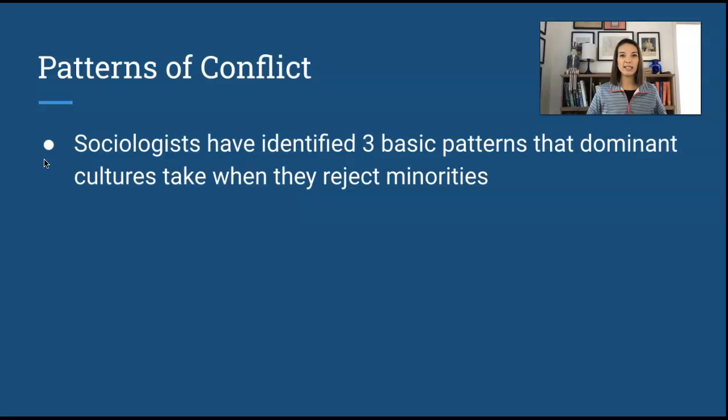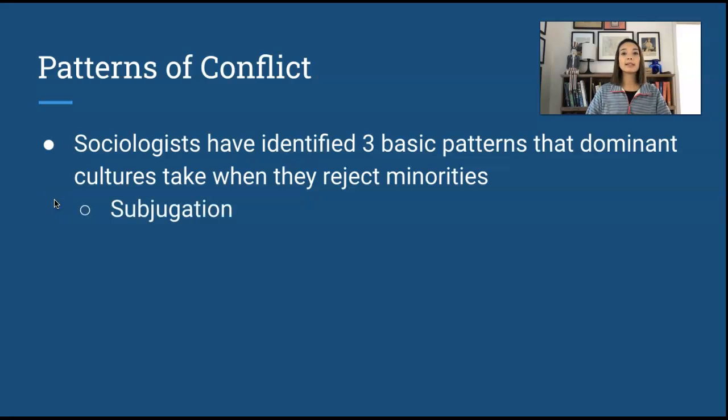So essentially what this is saying is that these three patterns of conflict are when the majority, who typically has the power and control in society, denies minorities access to what society has to offer. Sociologists have examined historical records and current events to determine these patterns of conflict.